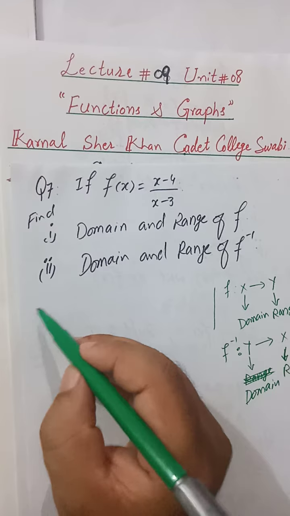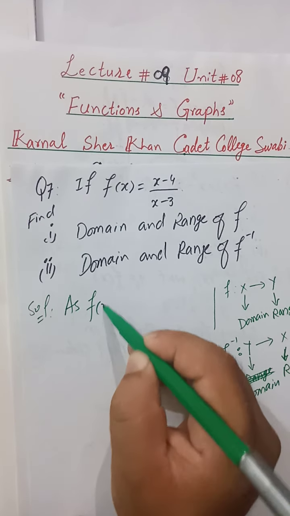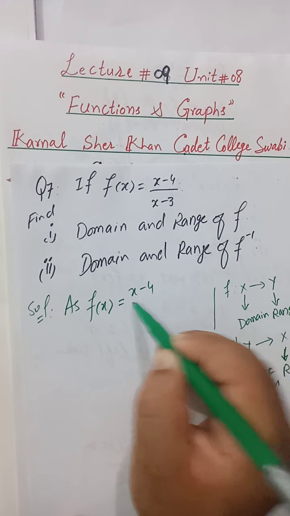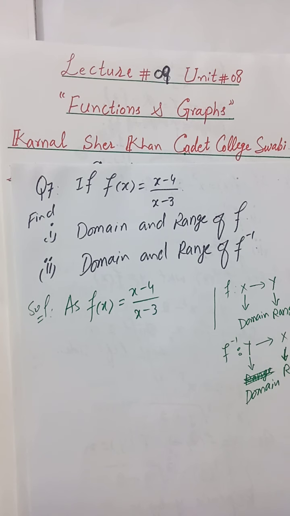So the solution: f of x is equal to (x minus 4) divided by (x minus 3). What is the domain? Domain is those values of x for which the given function is defined. Here, if I put 3, you will get 0 in the denominator, and there is no possibility to divide anything by 0 in mathematics.